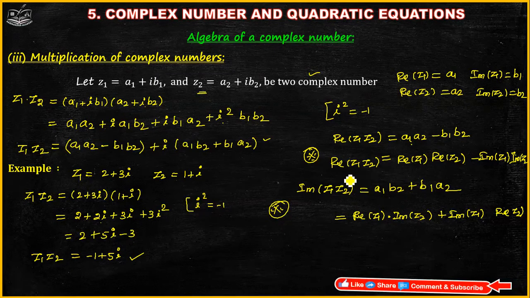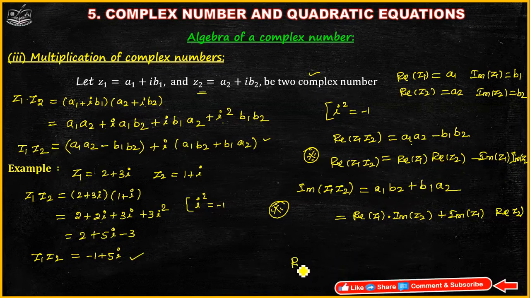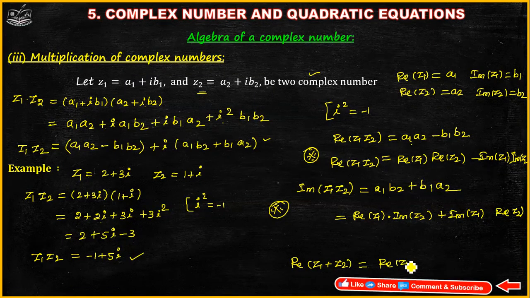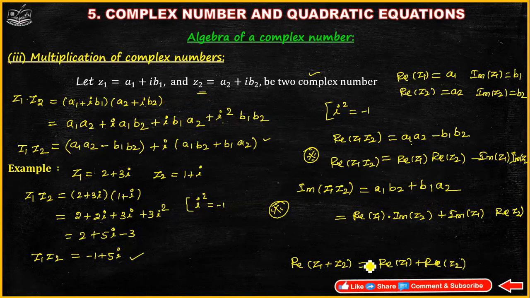Did you form it? So the real part of z1 z2 is real part of z1 and z2 minus imaginary part of z1 and z2. But in addition we have seen, what did we say? Real part of z1 plus z2 is equal to real part of z1 plus real part of z2. That holds in addition and subtraction, but in product it is not equal.